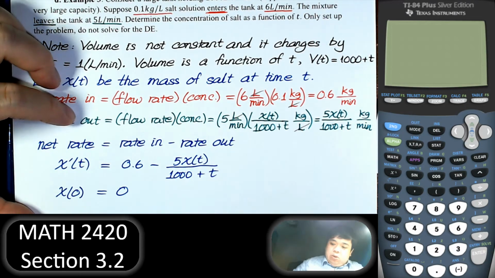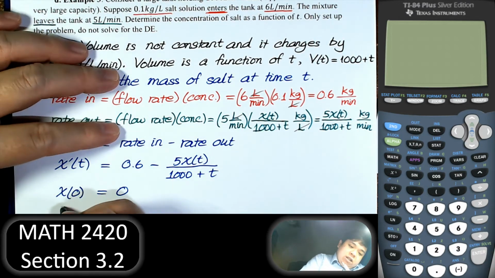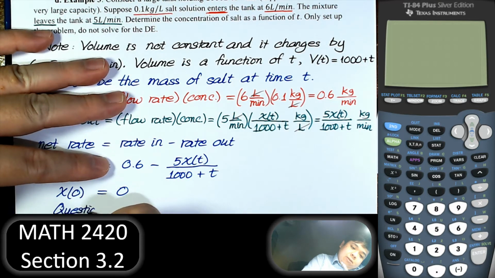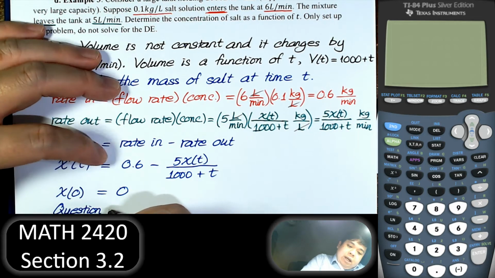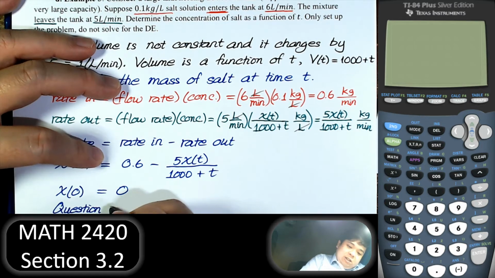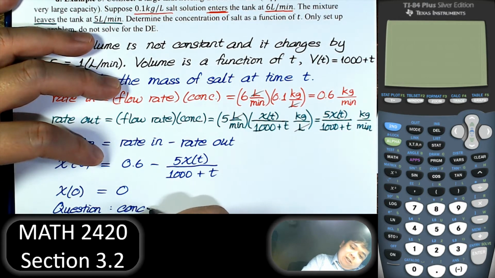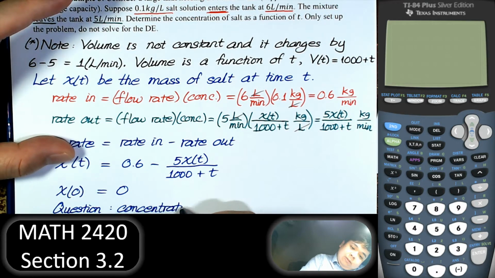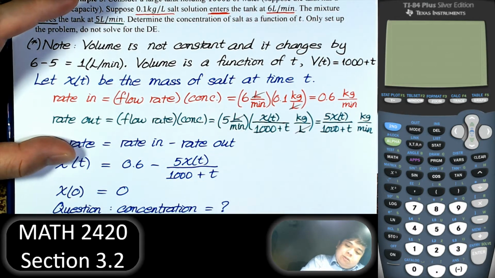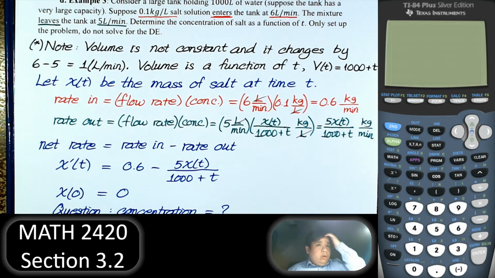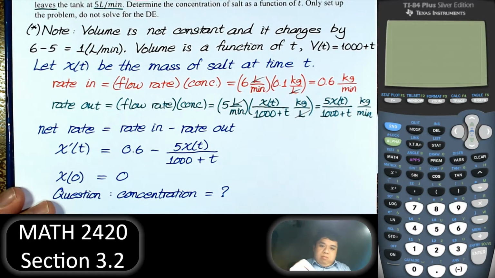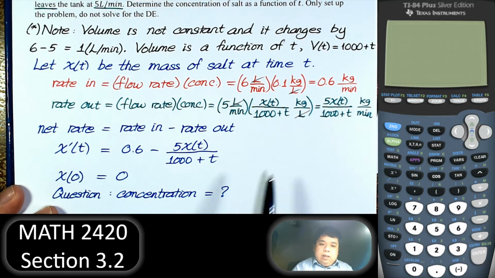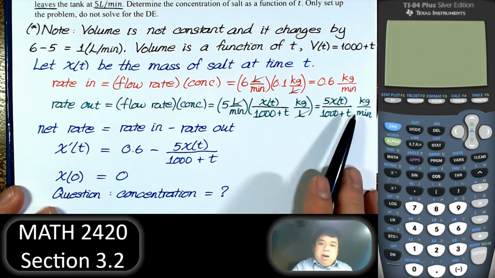This is the initial condition, but the question is, what is the concentration? Of course, the concentration is this, only without the 5, it's just x of t divided by 1000 plus t.